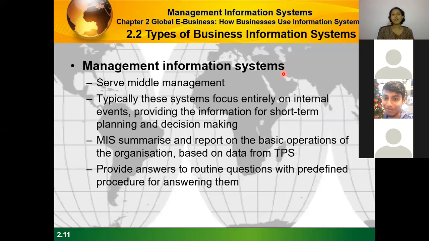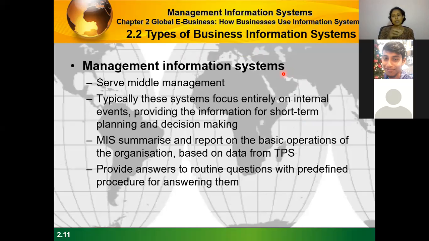Now, what is the name of the subject which you are learning? It is also management information systems, right? So again, we are talking here about management information systems. What we refer to here as management information systems is a specific type of system which is being used within the organization. Our subject is also management information systems because we study the usage of different information systems within the business context.